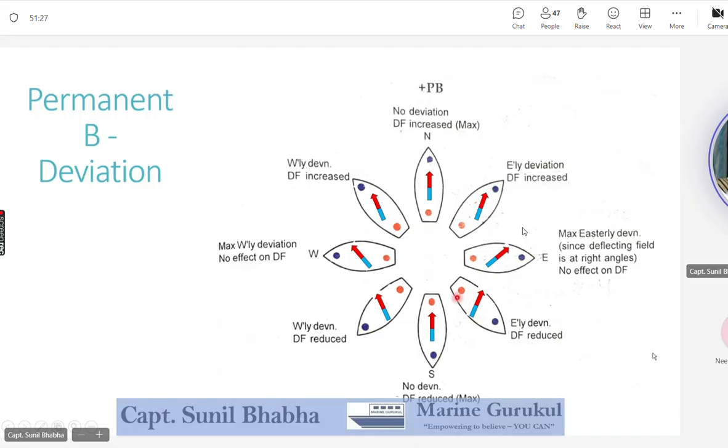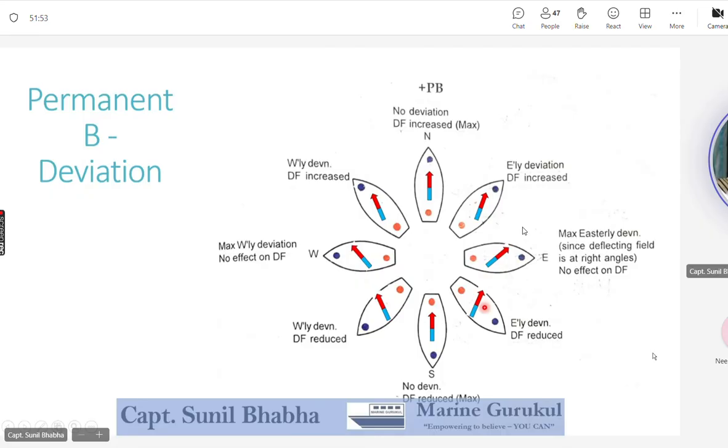Similarly, the red pole of the ship at the stern repels the north end of the magnetic needle, again giving it an easterly deviation. But the magnitude of the easterly deviation starts to reduce now because the ship's poles are coming in line with the magnetic field of the earth.